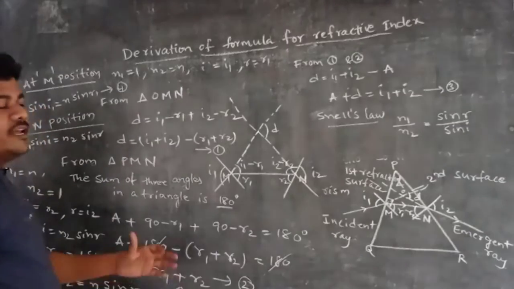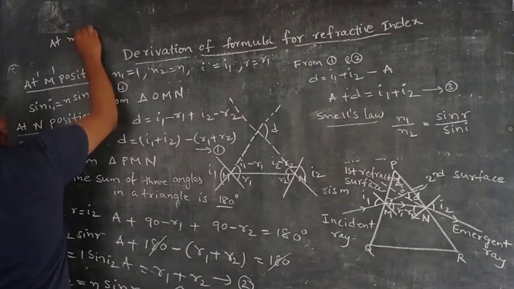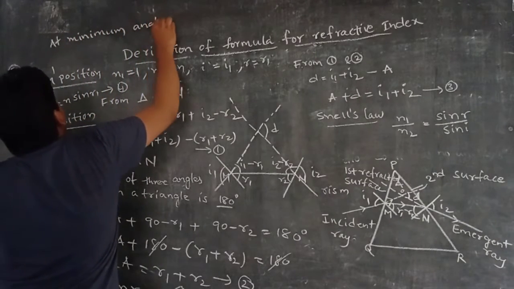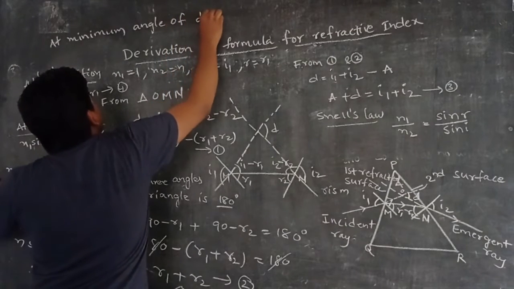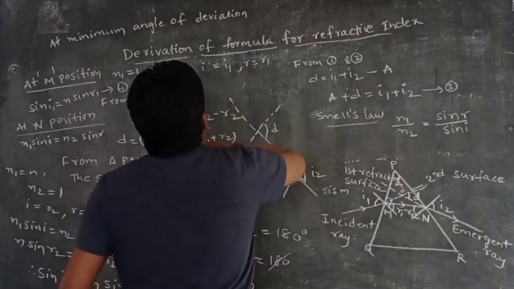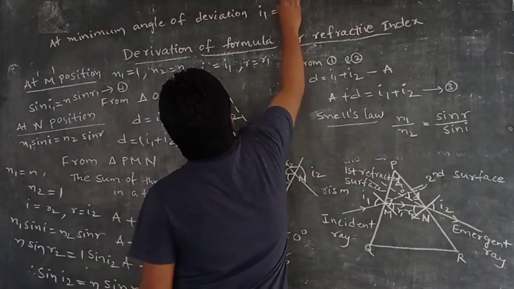At minimum angle of deviation, I1 is equal to I2.